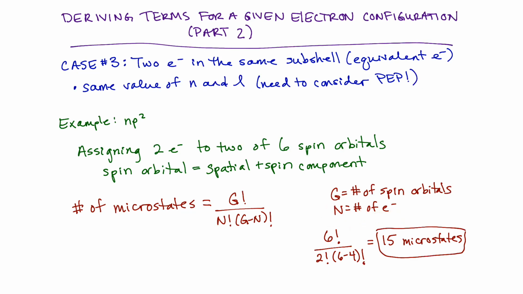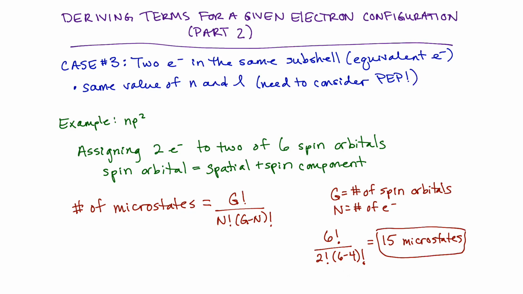So if we plug those values in for our current example, remember we have 6 spin orbitals that our 2 electrons can go into, so we have 6 factorial over our number of electrons, which is 2 in this case, times the factorial of our spin orbitals minus our number of electrons.